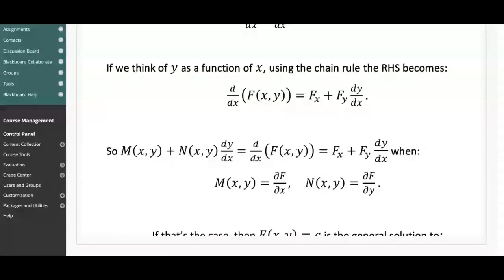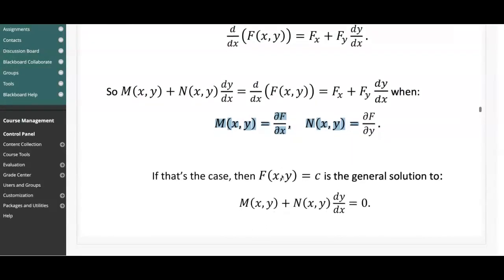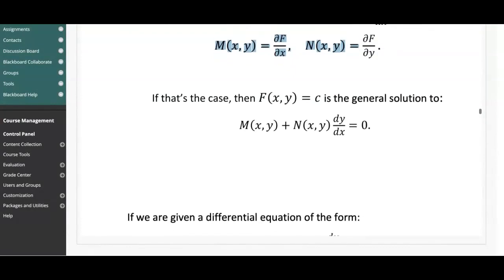Then we have two situations. One situation is the mixed partials are equal to each other, which means the function survives in Euclidean geometry.